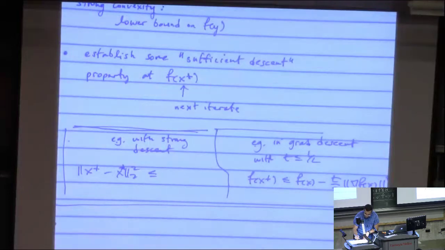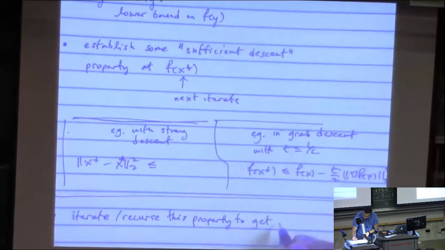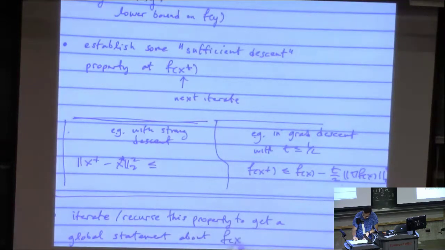And the last step is really then just to iterate or recurse this property to get a global statement about f of xk or xk itself.